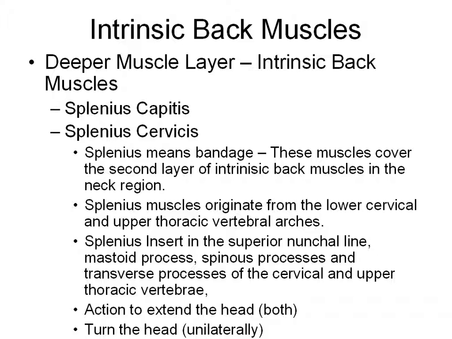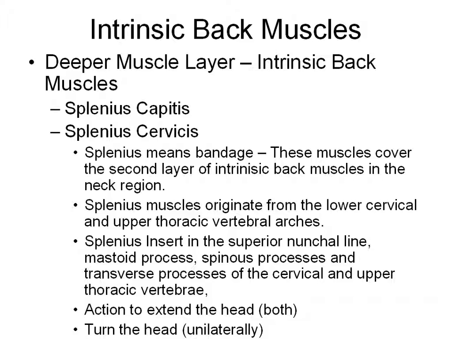The splenius muscles originate, both splenius capitis and cervicis, from lower cervical and upper thoracic. So we're talking about C6, C7, T1, T2. That's where they're originating from. The insertion is different for capitis and cervicis, and that's where you're getting capitis and cervicis from. Splenius capitis. Okay, if I decapitate you, to decapitate is to take someone's head off.